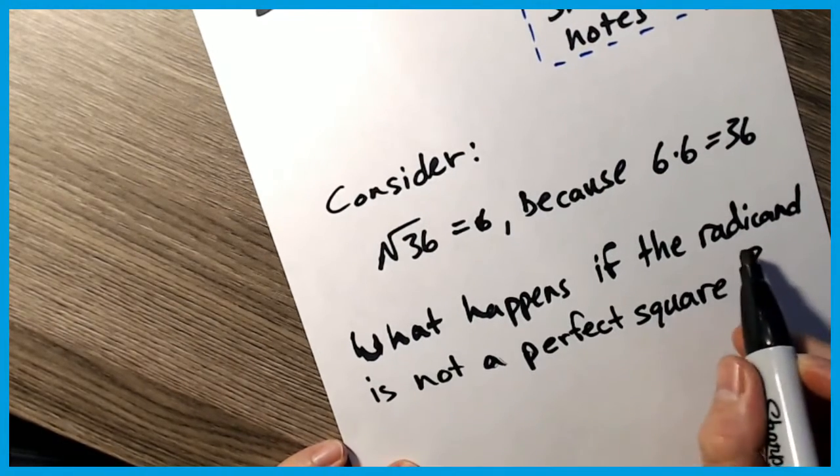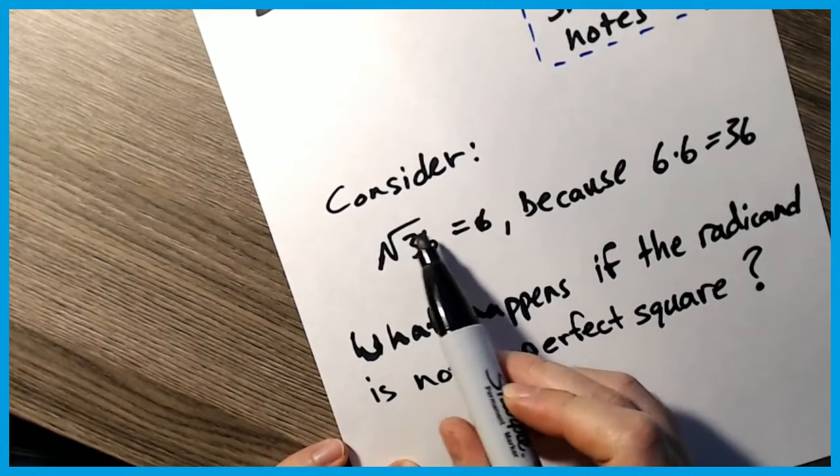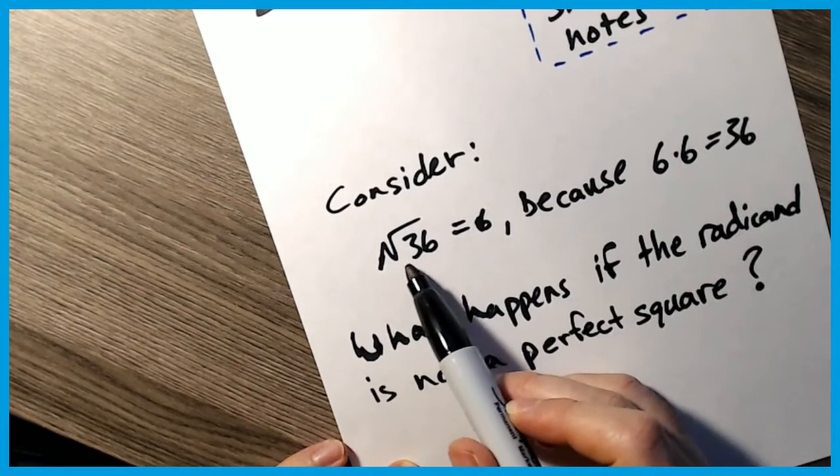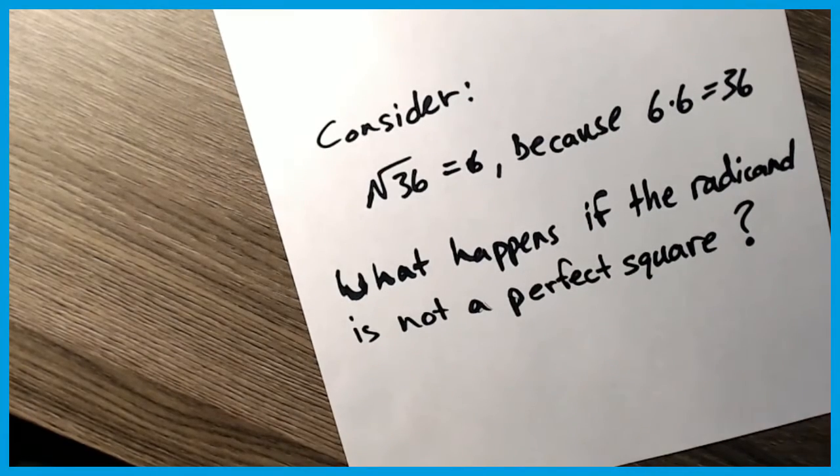Just as a quick reminder, the radicand is simply the number under the radical here. So 36 is the radicand. This sign is a radical. So what happens if the radicand is not a perfect square?